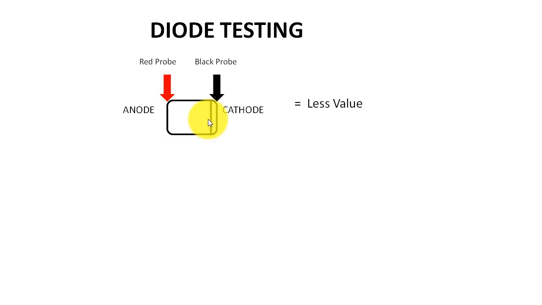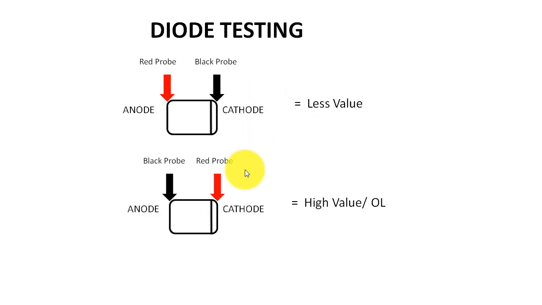You keep the black probe on the cathode and the red probe on the anode. Then if the value shows low, the diode is okay.